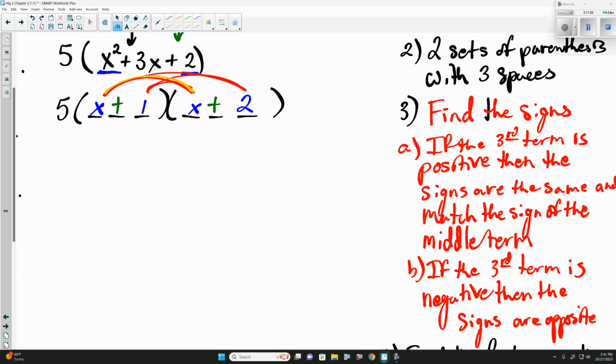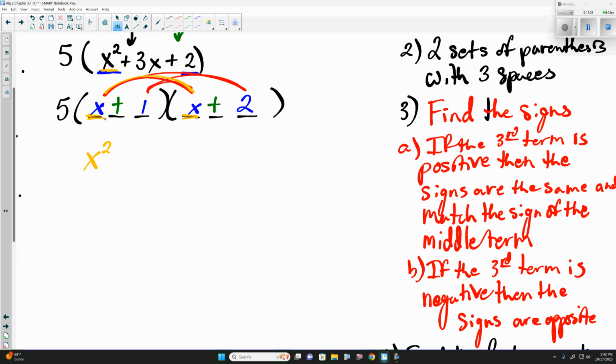Now, what does x times x give us? X squared. Well, where did we get the x and x from? X and x are factors of x squared. So when I multiply them back together, I should get back to x squared. Same thing. Because I got them from x squared, they should multiply back together to be x squared.